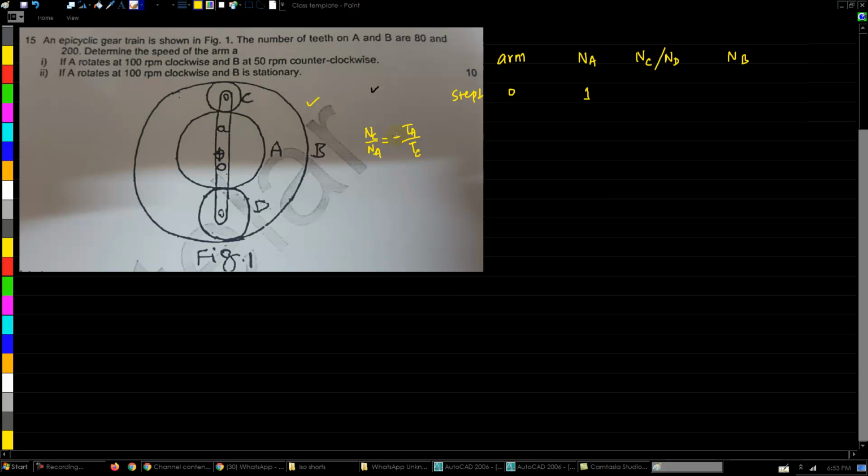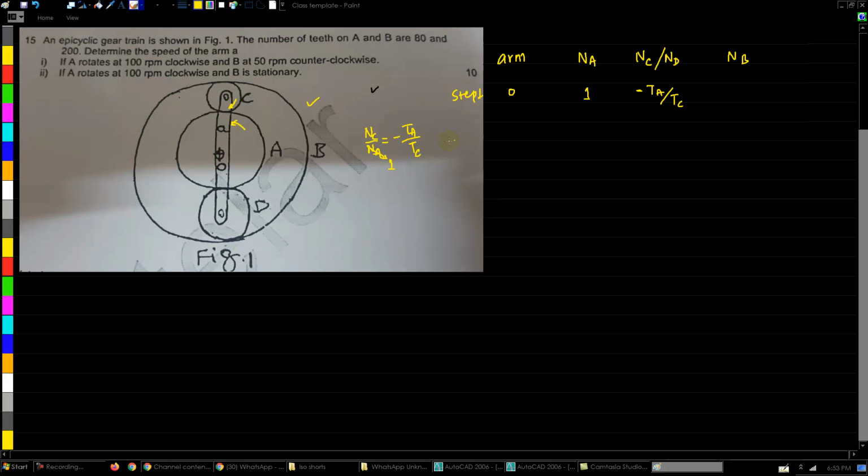Now we are getting it negative because they are meshing externally and their direction of motion will be opposite to each other. If this is anti-clockwise, this one will be clockwise. Hence we are taking it minus. Because NA we are taking as one rotation, the equation for NC or ND reduces to minus TA by TC.